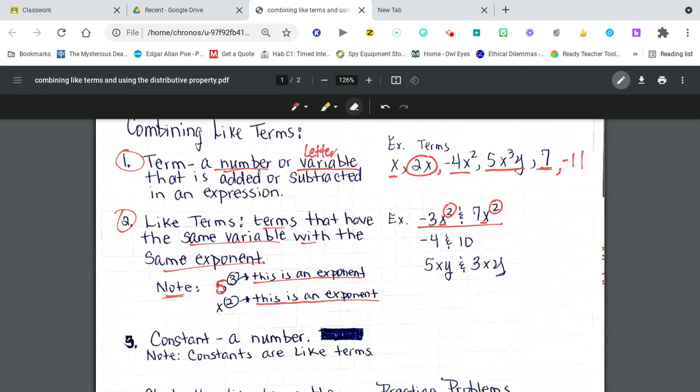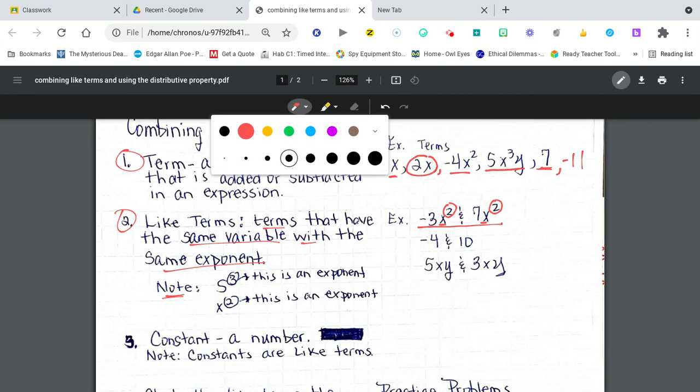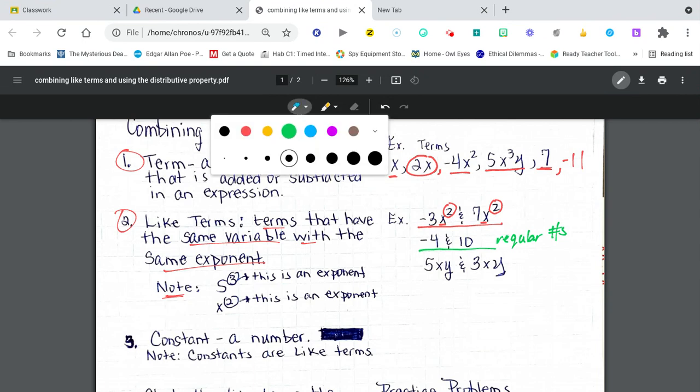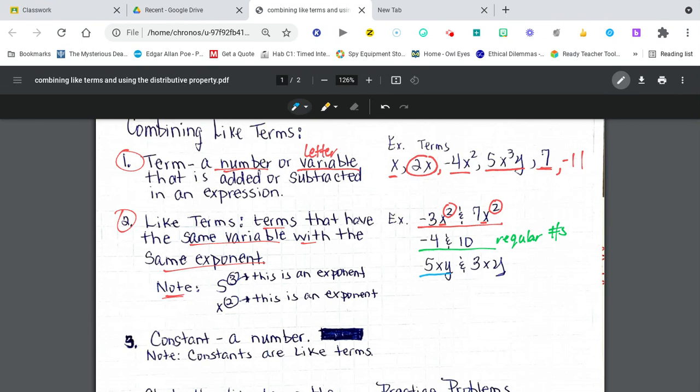I don't know if you all discussed that in 6th grade or not, but I know you discussed it in my room. So if you got on Google Meet or you're in my class, you know that. Numbers, regular numbers, are also like terms, like negative 4 and 10. 5xy and 3xy are like terms.